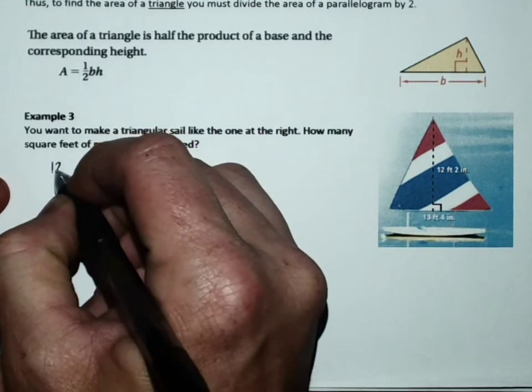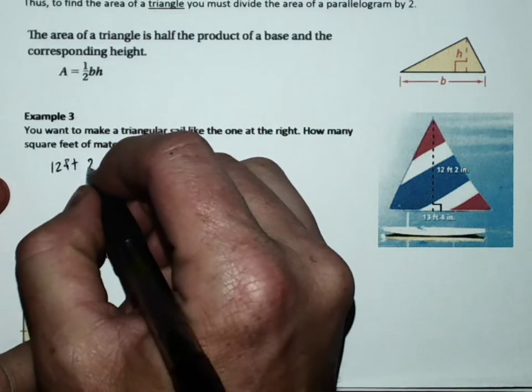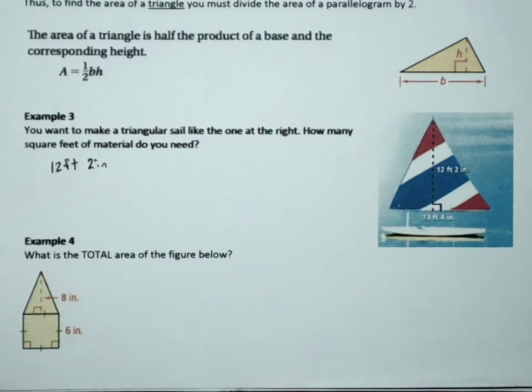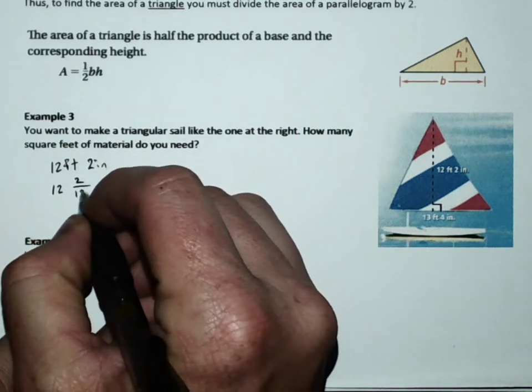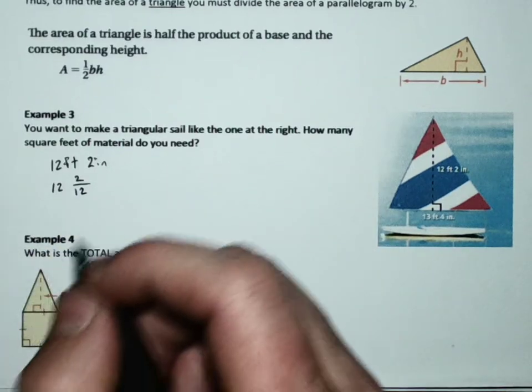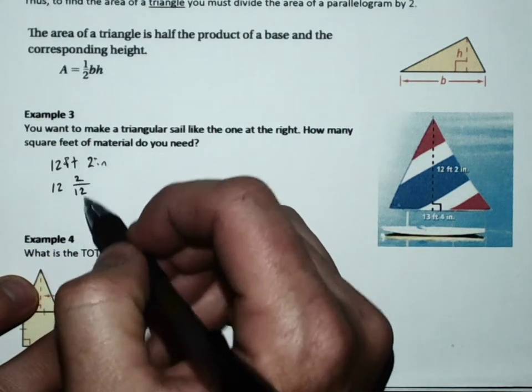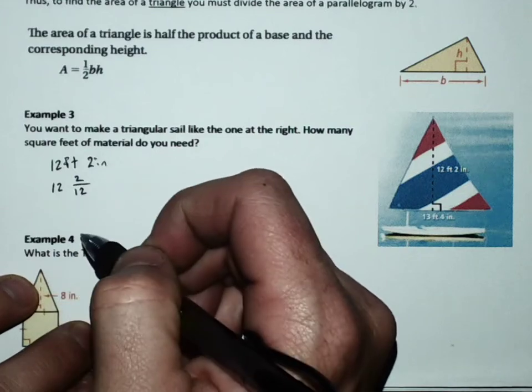So I have 12 feet and 2 inches. Well, I need to make that into a decimal. That is 12 feet and 2/12 of a foot. There are 2 inches. There are 12 inches in 1 foot.